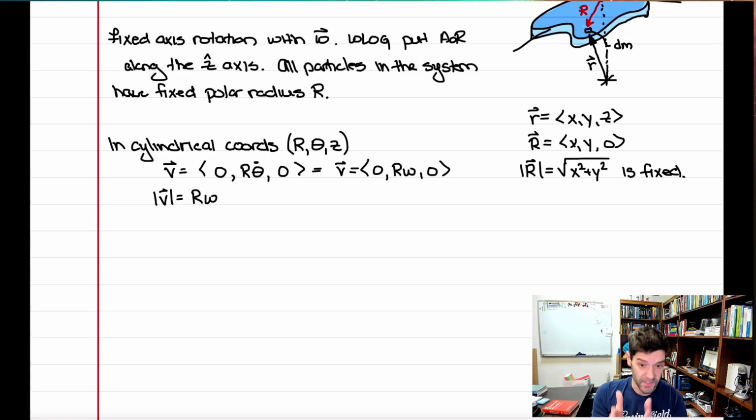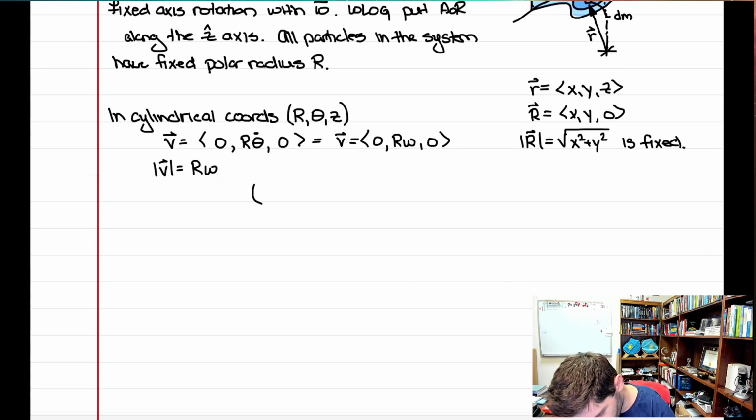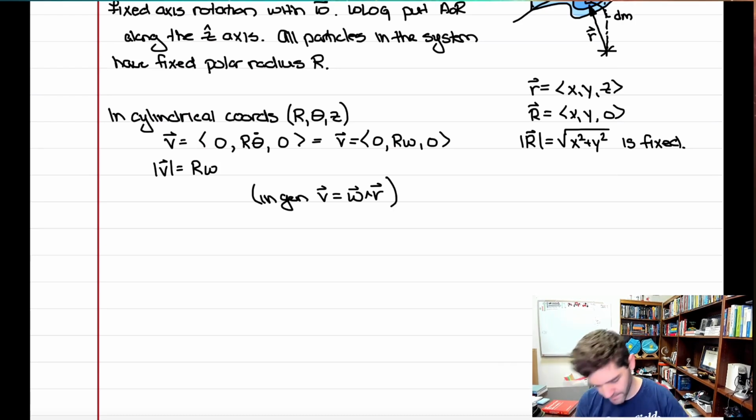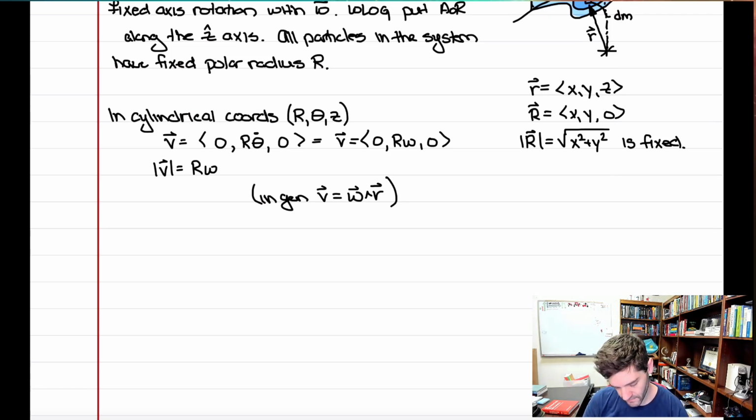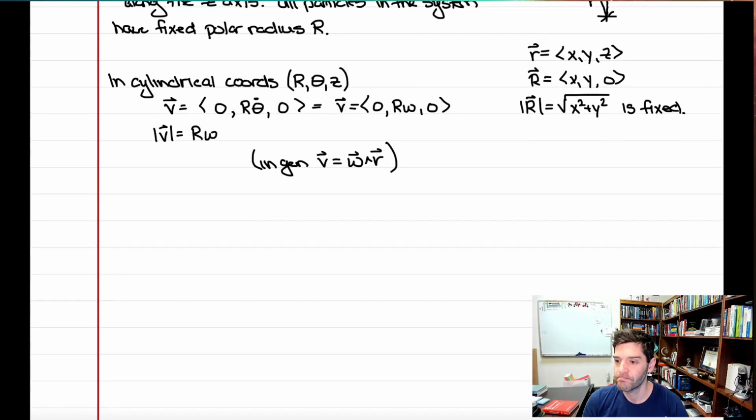And this, of course, is one specific example of the more general thing we talked about where, always remember, in general, the velocity is given by omega cross the 3D position. You might try to convince yourself that that also gives you this result in the case of rigid body rotation, where there's no motion in the radial or z direction.